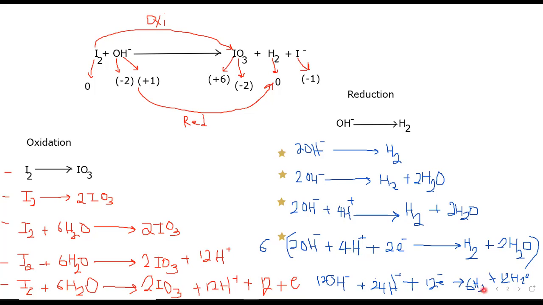Here we have 12 plus 12. And then we have also got the electrons here in that particular way. So here we have 12 times 2, that's 24.